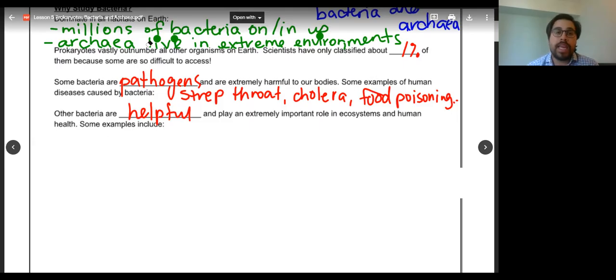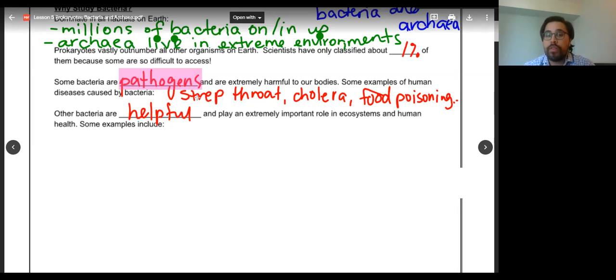There are two main types of bacteria that we will speak about in this class. The first is what's called pathogenic. Bacteria that are pathogenic can be quite harmful to us. Specific diseases like strep throat, which I'll talk more about later, cholera, and food poisoning that happens as a result of a very harmful E. coli strain are all pathogenic, meaning if we come in contact with that bacteria under the right circumstances, it will make us sick.